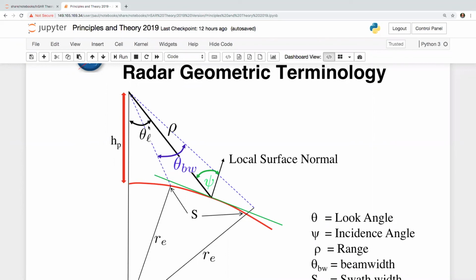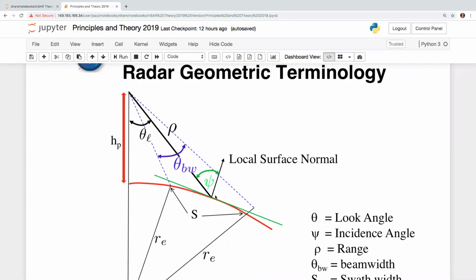And we call this angle theta L the look angle. That's the angle from the vertical, the nadir, to the direction that we're looking. So across this swath that we illuminate, the range will be different, and this theta L will be different. The antenna itself will have some beam width. It will see some portion of the ground, and we call that angle here the beam width, theta beam width. And that illuminates a swath on the ground, which we call S.